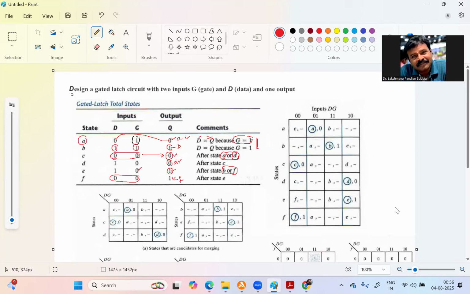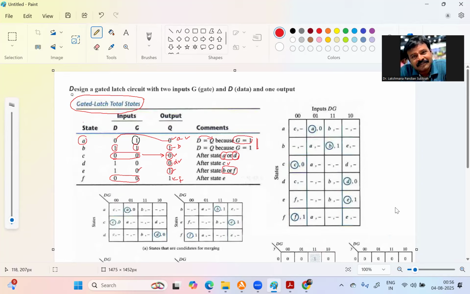Here in D, after C, we have 0, 0, then it is already 0. If you apply 1, 0, it will go to 0 after C. Now, these are all the possible total states of the gated latch.